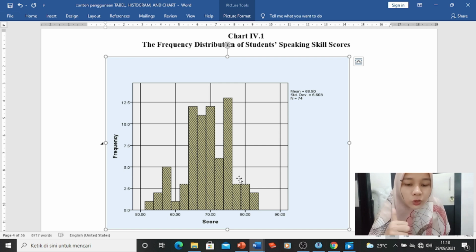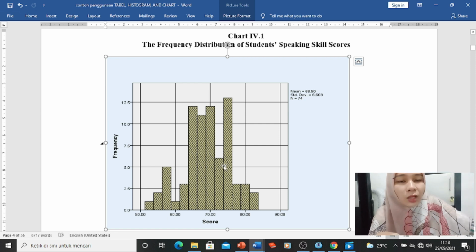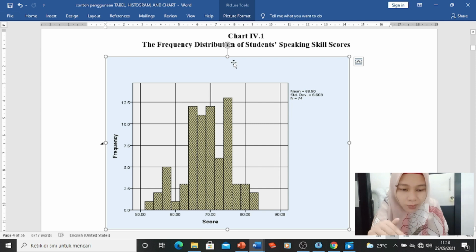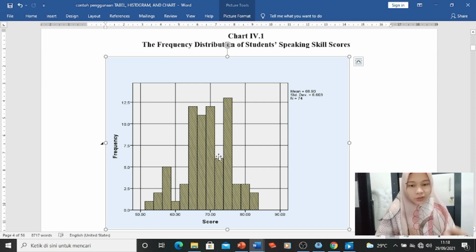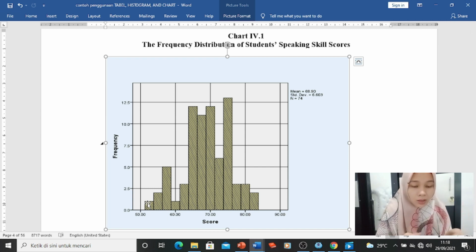For example, you may start with the highest score, or you may start with the lowest score, and then you can also go with the medium, but actually it would be better if you go with the highest or the lowest first. Because it is very easy for us. Oh, this is the highest. The highest data is in this range, and the lowest is in this range, and then you can go on to the third, for saying the medium.